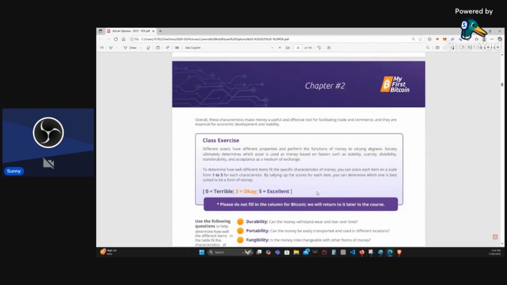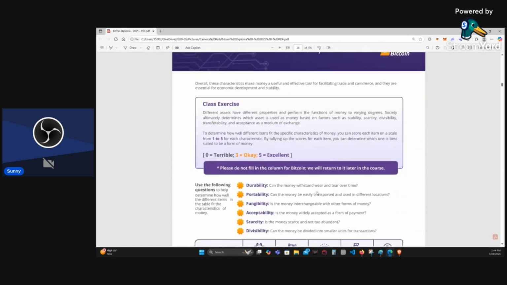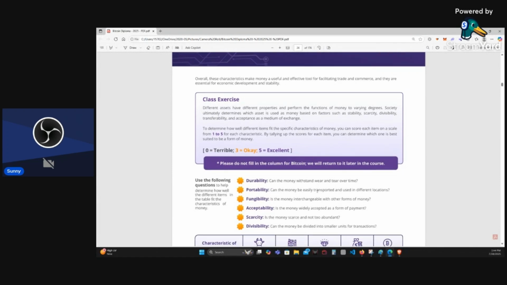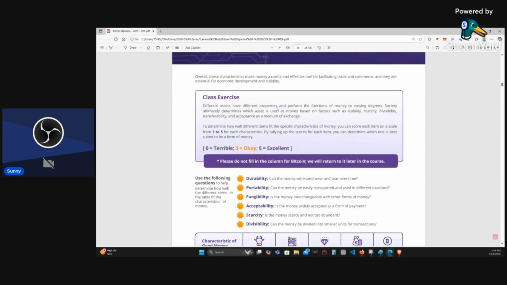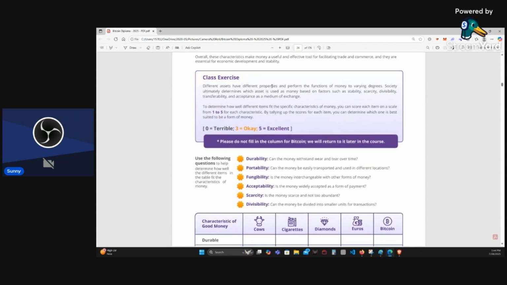So let's go ahead and do this class exercise. Overall, these characteristics make money a useful and effective tool for facilitating trade and commerce, and they are essential for economic development and stability.